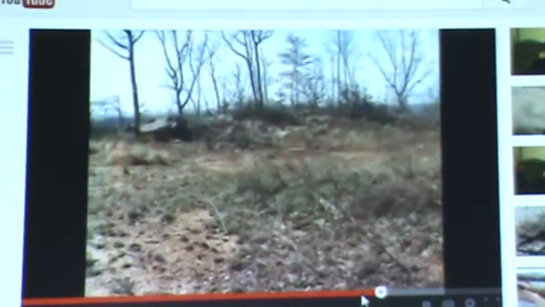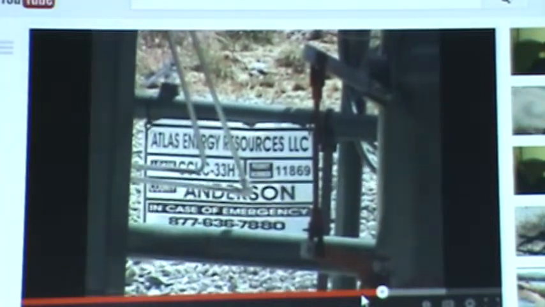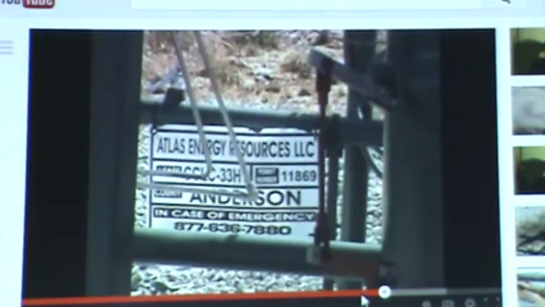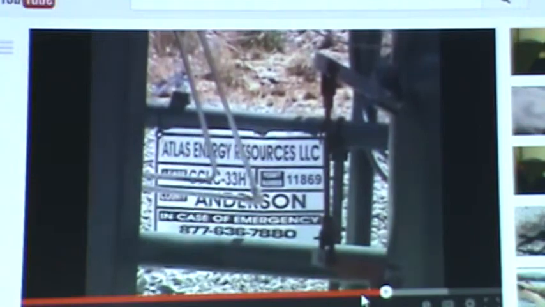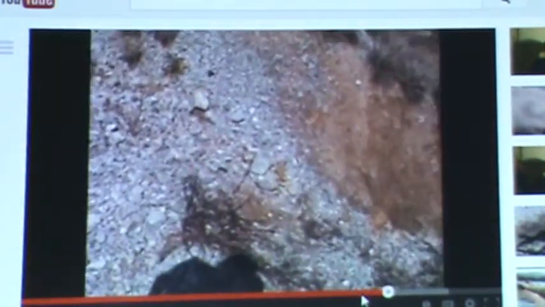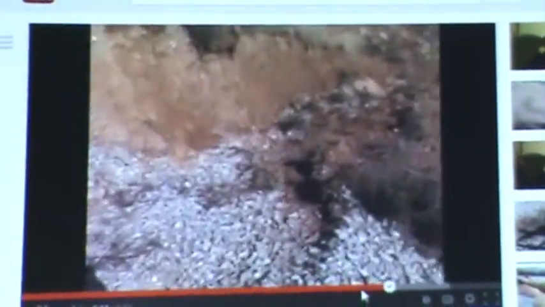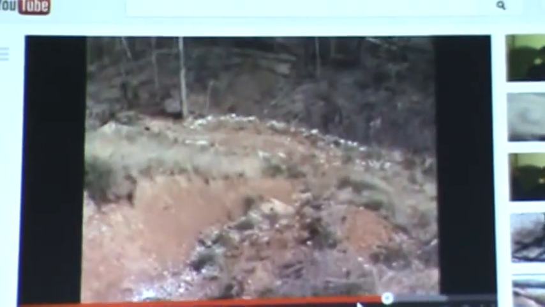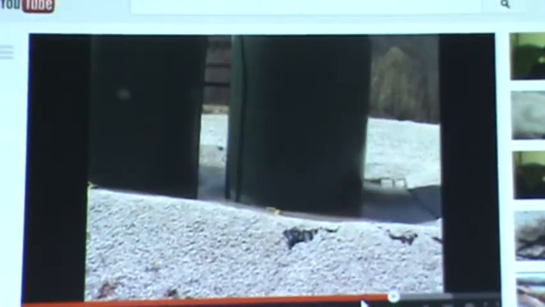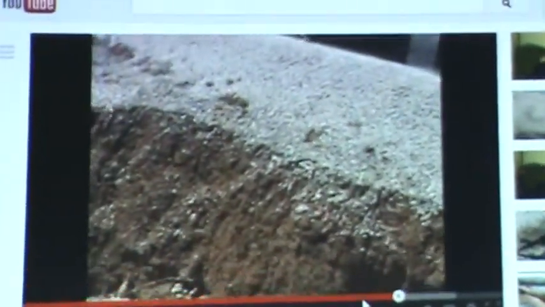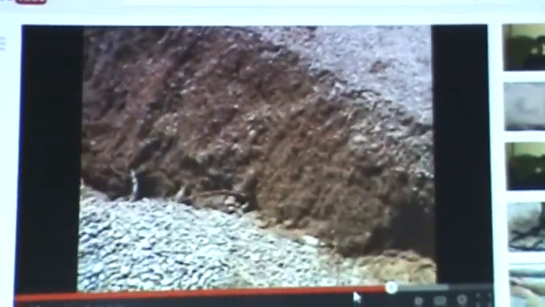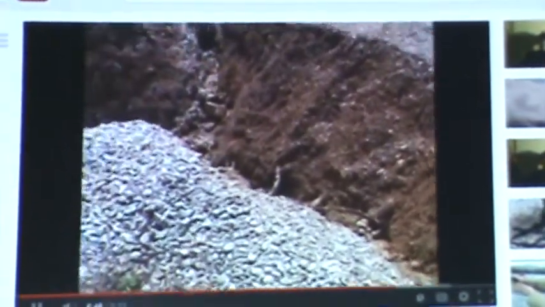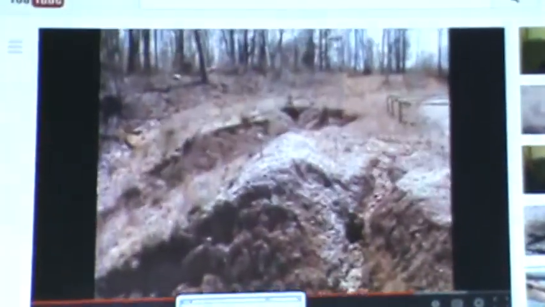The violation was found Sunday afternoon. Monday morning, because of the severity of the violation, I got an email saying we've contacted the company and this is being resolved right now.